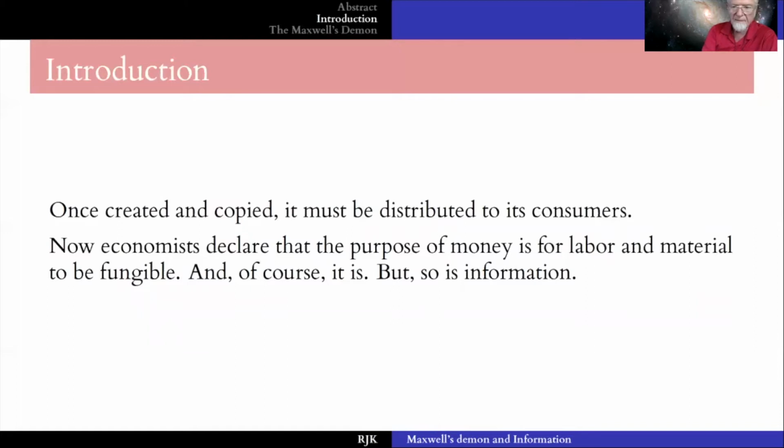By setting a price for your labor and a price for the material that you're trying to get, you can use money, usually paper money nowadays, to exchange your labor for objects, and that is what is called being fungible. Okay, so is information fungible?